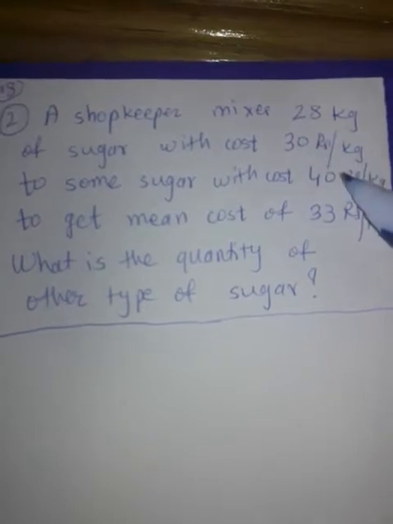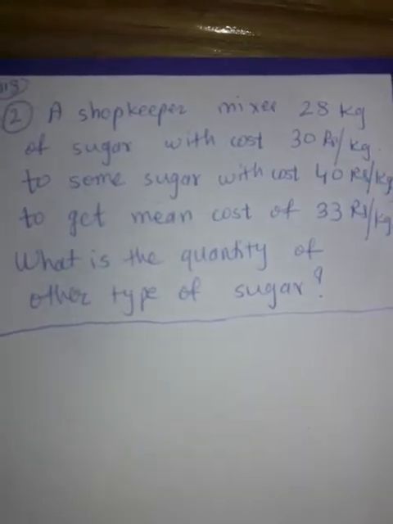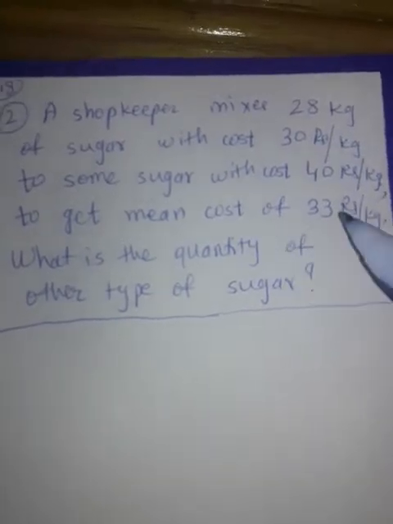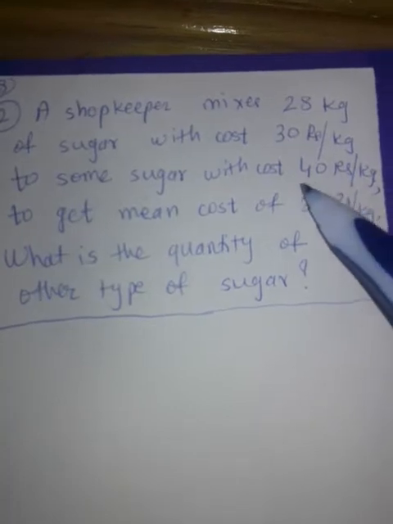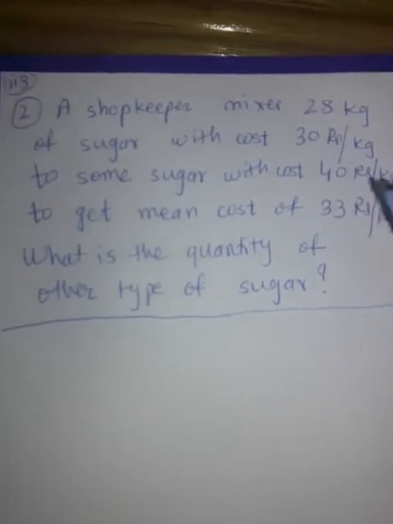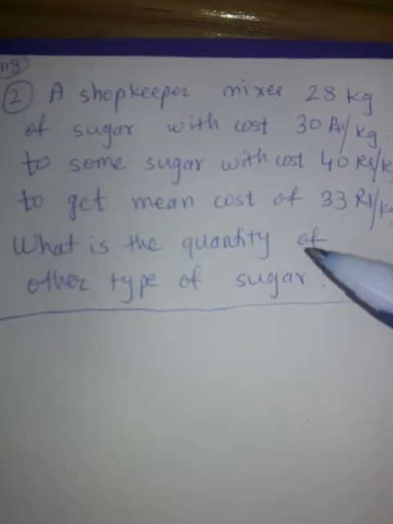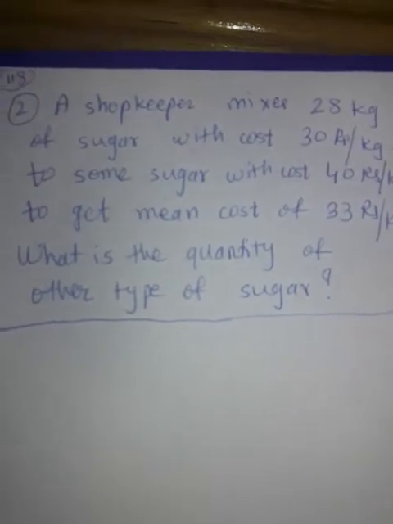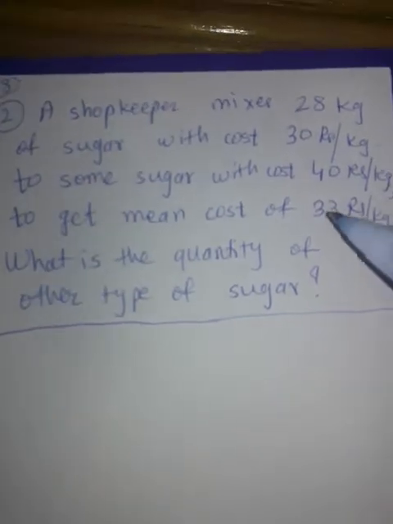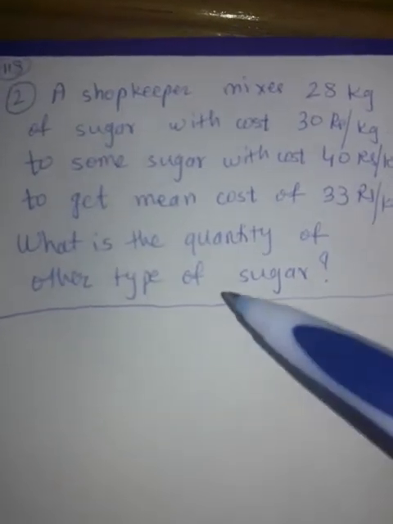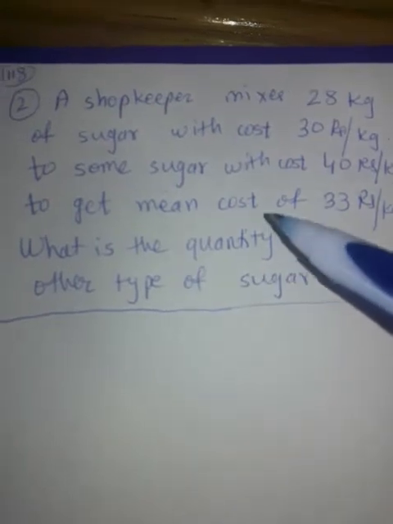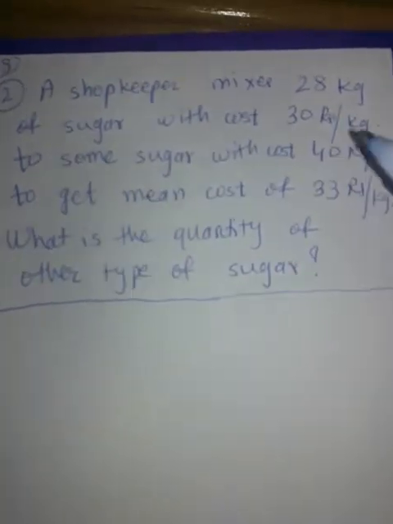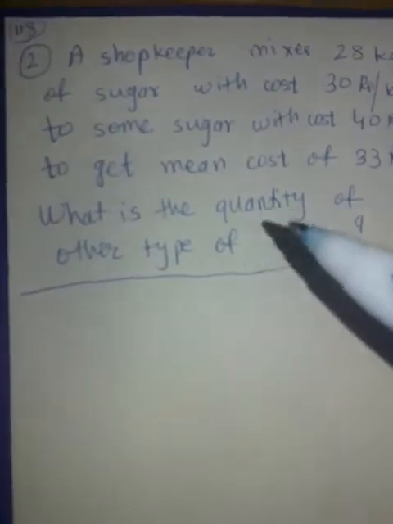You can add them, that will be the total cost, and then you can divide it by 28 plus x in the denominator, and the average cost will be 33. That is the way you solve it using the method we learn in problems on averages. But right now I'm going to show you how the alligation rule saves our time and how easy it is to use. So let's use it.